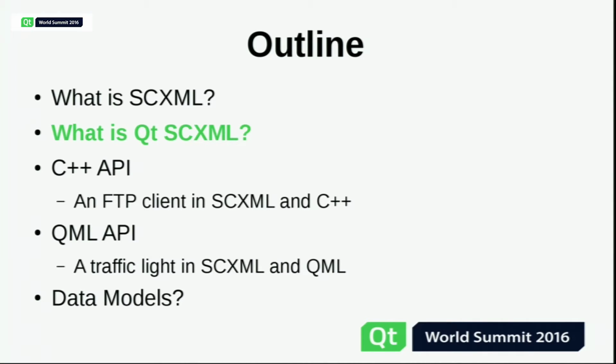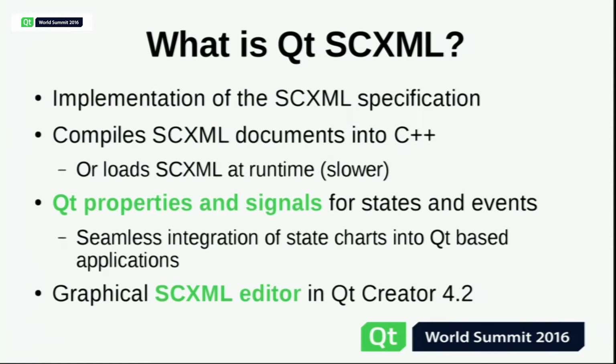So there we go. So what does Qt do with that? Qt SCXML is actually an implementation of the SCXML standard. The SCXML standard mandates how those states and transitions and events are going to be interpreted and how the state machine, once formulated in this SCXML way, moves from one state to another and what it does with certain events.